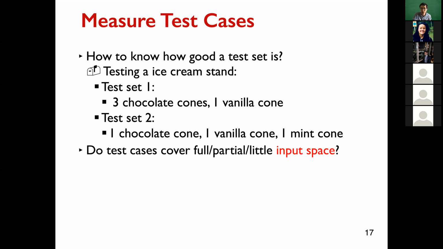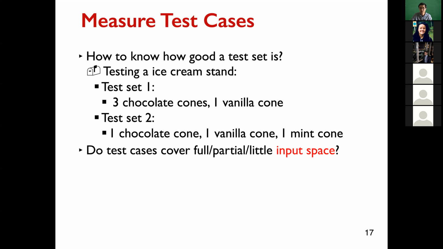We put those 3 chocolate cones inside the ice cream stand. And the second test case in test set one is to put a vanilla cone in the ice cream stand. We test chocolate and vanilla cones in a stand.